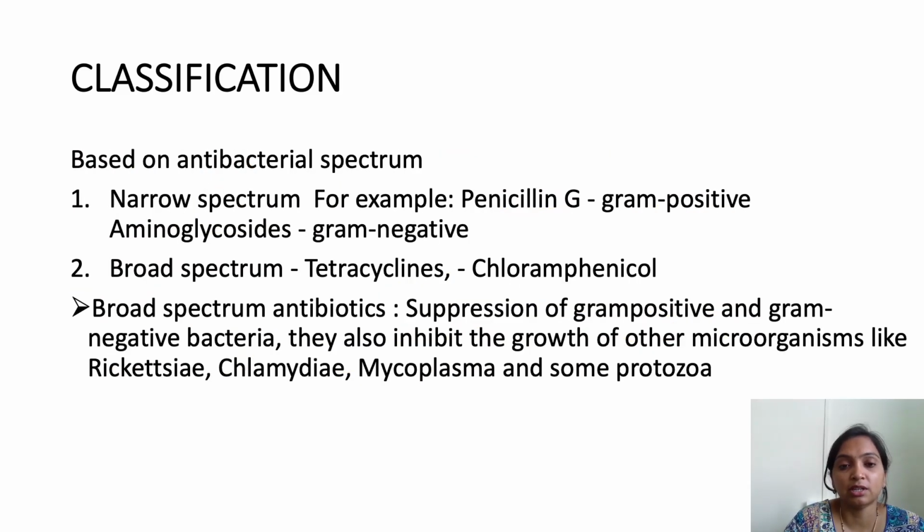Moving on to the other type, where antimicrobials are classified based on their antibacterial spectrum, as narrow spectrum and broad spectrum. Narrow spectrum means these drugs are active against either gram positive or gram negative. For example, penicillin G has a narrow spectrum, acting only against gram positive organisms. Likewise, aminoglycosides are mainly important for gram negative organisms.